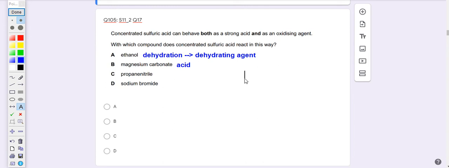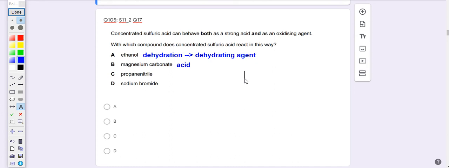Now with propane nitrile, the H plus ions and the water in the acid could make propane nitrile undergo, sorry, hydrolysis. But concentrated sulfuric acid doesn't have a lot of water in it, so it won't actually react with propane nitrile.